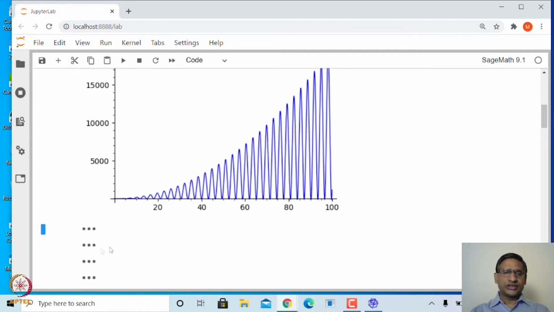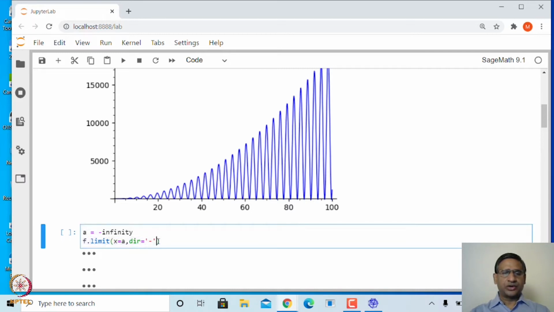Now, suppose we want to find what happens to the function as x goes to minus infinity. We can find the limit of f using f dot limit, and you can mention the point at which you want to find the limit. So, x equal to a in this case, and we are taking a to be minus infinity.